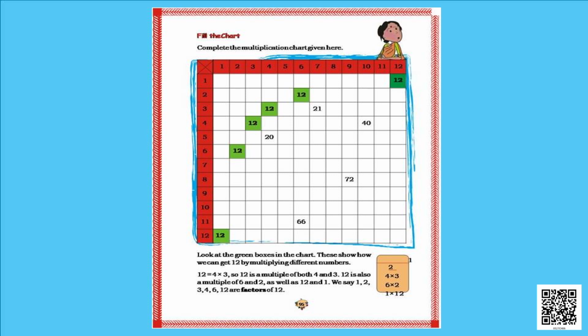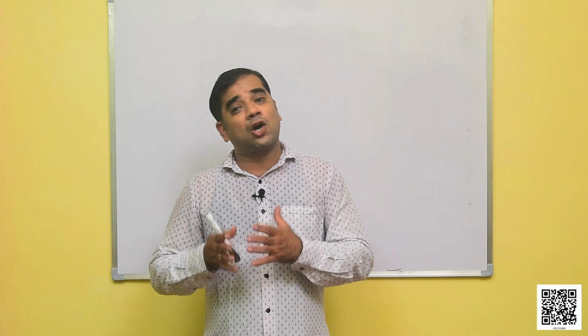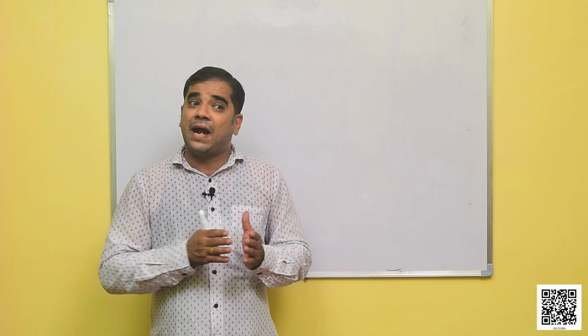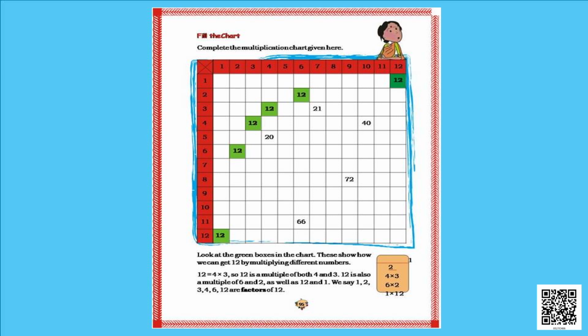As we have found the common multiples of 2, 3 and 4, in this way we can find the common multiples of any number by going through the multiplication chart. In this chart, you can find that 12 lies in all the tables of 1, 2, 3, 4, 6 and 12 itself. So 12 is a common multiple for 1, 2, 3, 4, 6 and 12, and all these numbers 1, 2, 3, 4, 6 and 12 are the factors of 12.